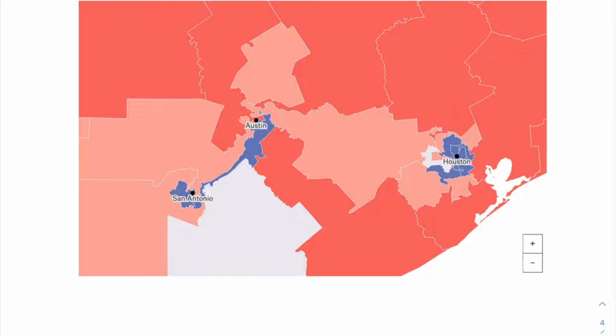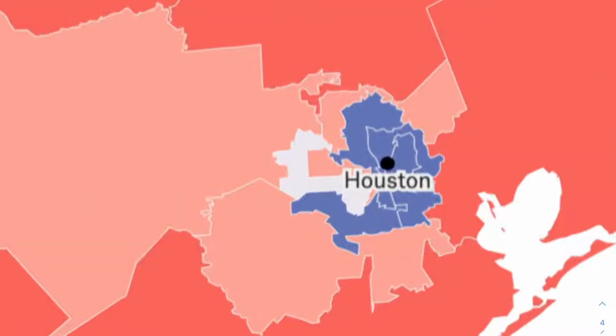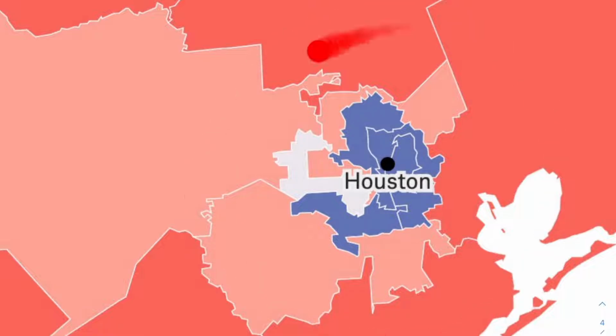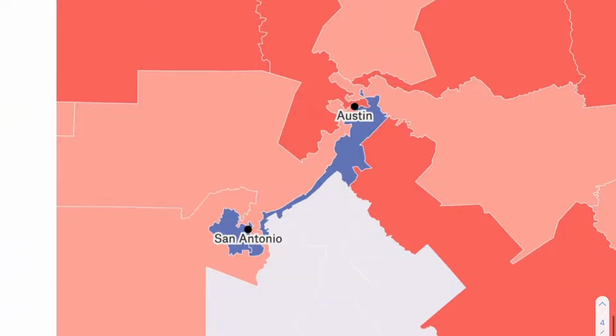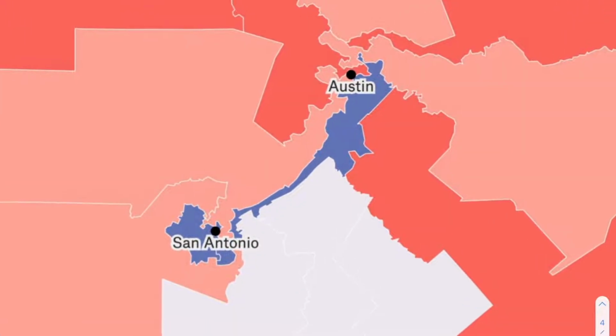But anyway, the region around Houston, to me, looks fairly natural, just because, like I said, around a city is where you expect the Democrats to live, and we have around Houston several Democratic districts, and then in the outlying areas, several Republican districts, which seems reasonable to me, just knowing some basic things about cities. Check out what they did, how they played Austin and San Antonio.